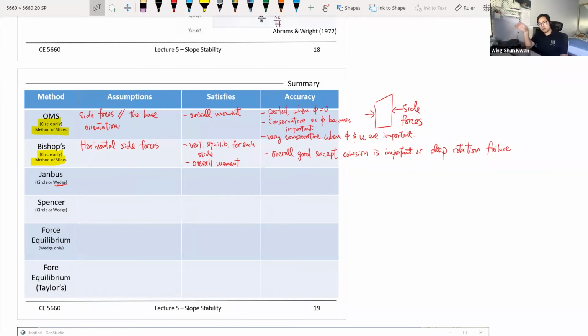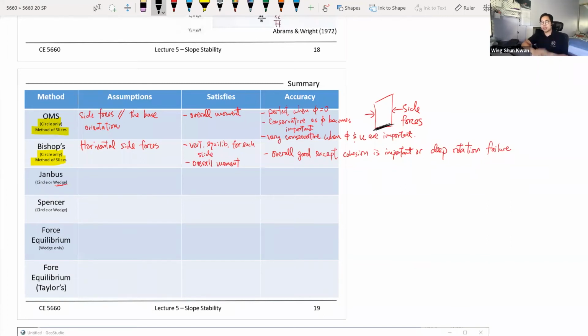So you have a slope, and at the base you come in with an angle, and we assume the side force is parallel with the orientation of the base. The Bishop method is slightly different: it assumes the force is horizontal.